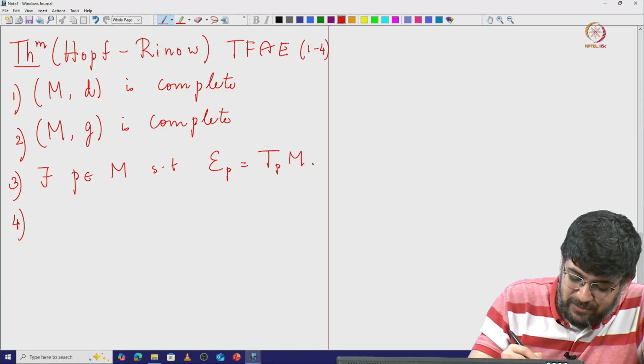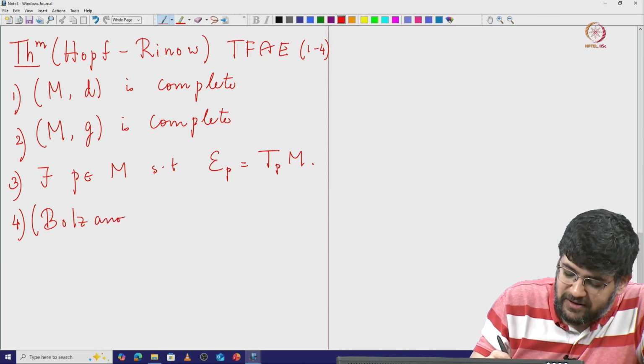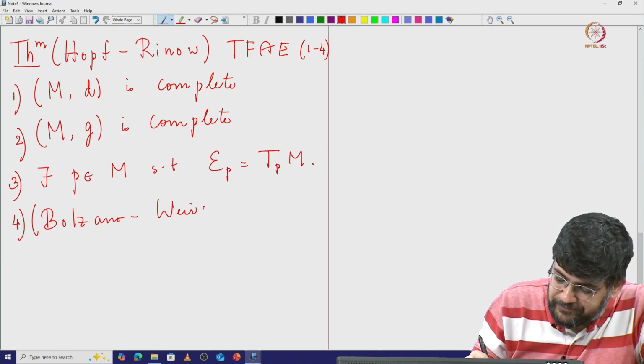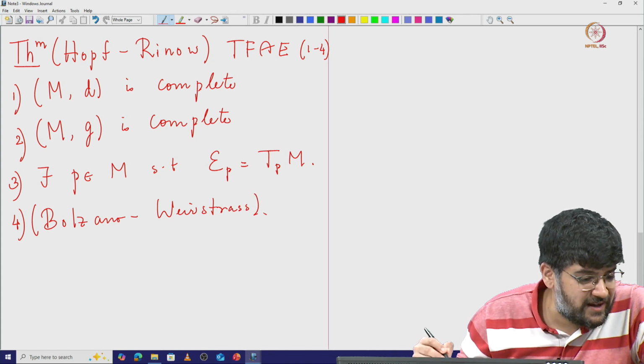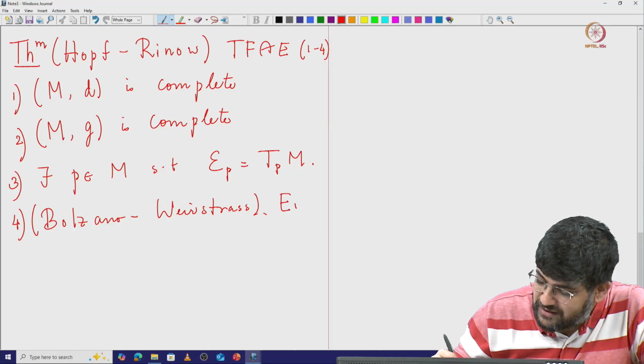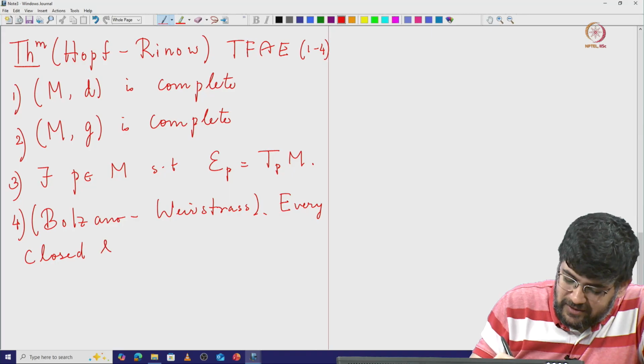And fourth, M satisfies the so-called Bolzano-Weierstrass property, which says that every closed and bounded set is compact.